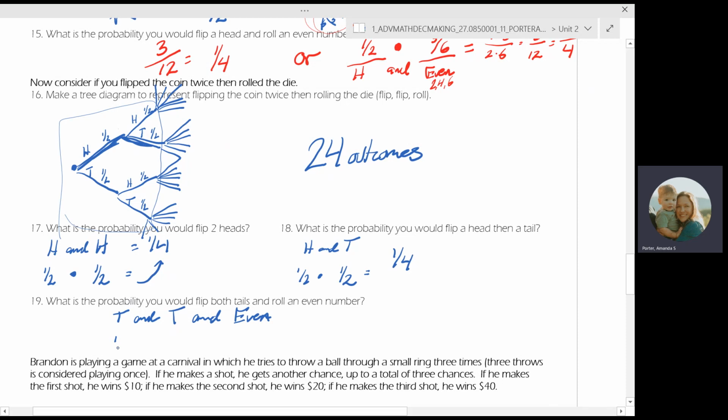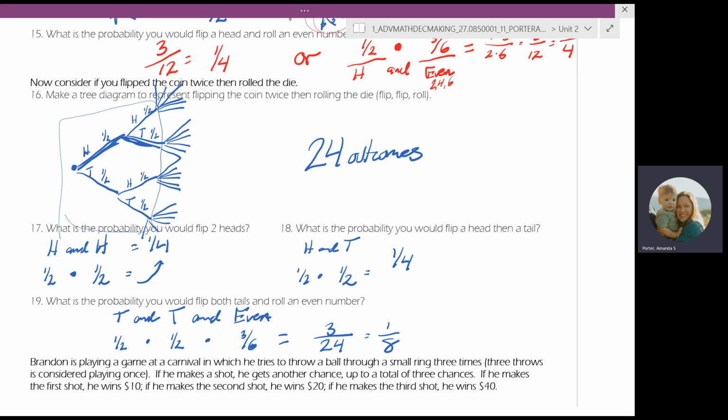All right, so tail is 1/2 and tail is 1/2 and even is 3 out of the 6 choices, which happens to be 1/2. You multiply straight across, you get 3 out of, that's 24, which is 1/8.